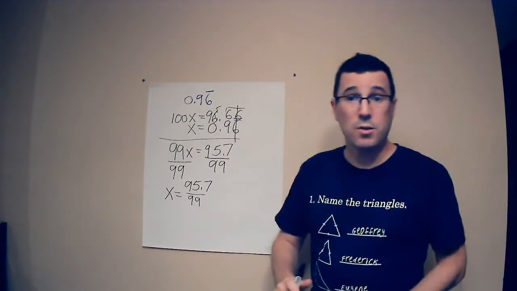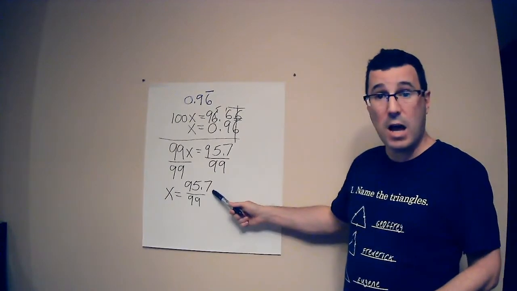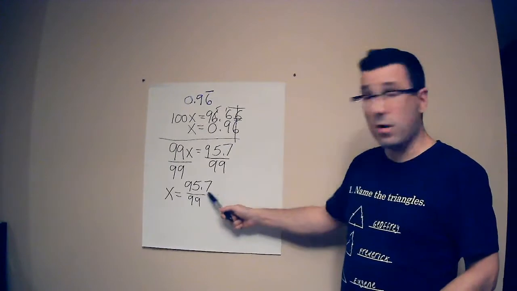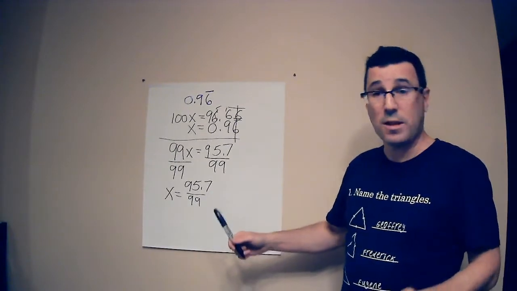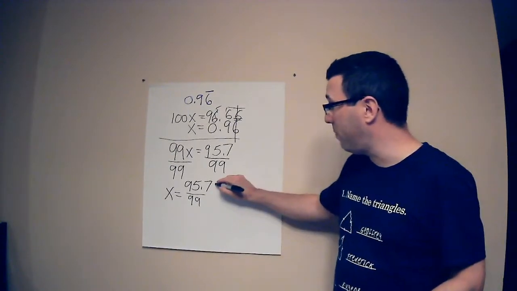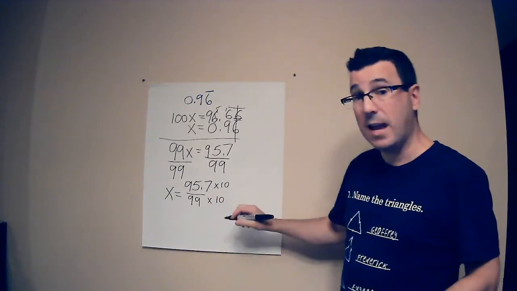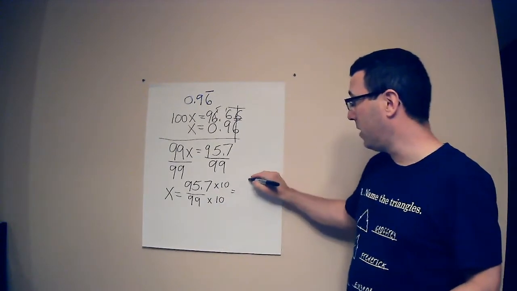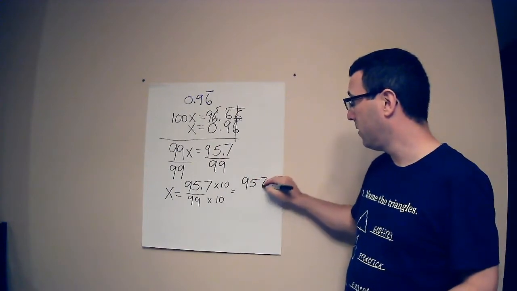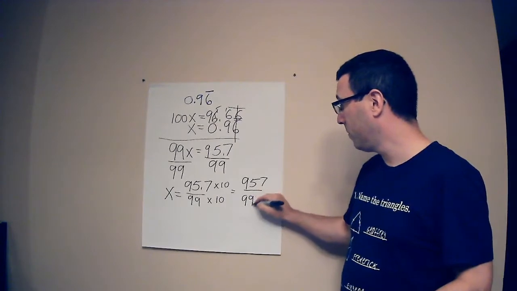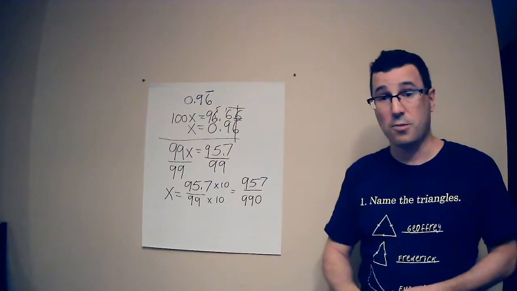So what I'm going to do is multiply the top and the bottom by the same number. There's 1 decimal place, so just as we did before, that's tenths. So I'm going to multiply both of these by 10, which is going to give us 957 over 990.